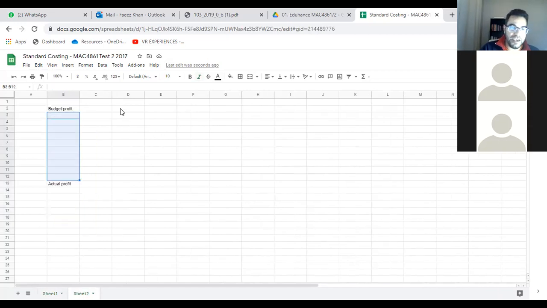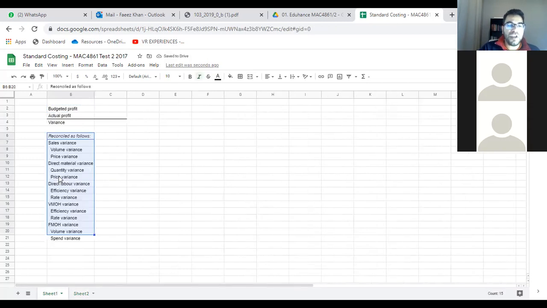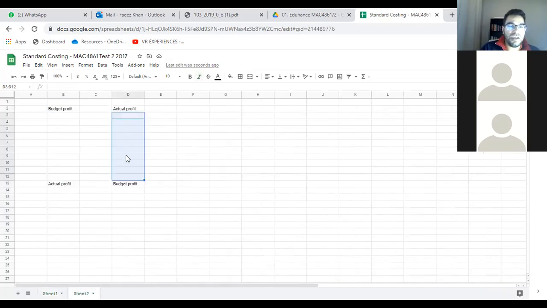Alternatively, they will say, start off with actual profit and get back to budgeted profit. What is in between is basically what is reconciled as follows, okay? So you can see my method and these two methods are exactly the same, just how it's presented.